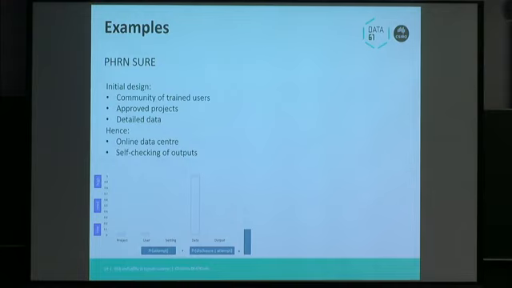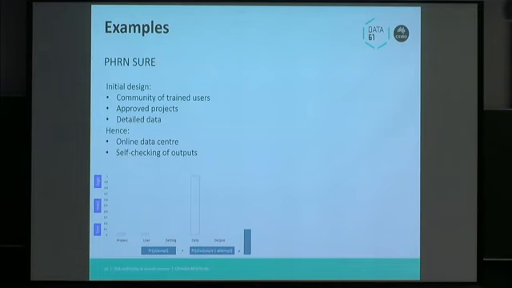We've got very detailed data, so the likelihood of something going wrong in the data is very high. And self-checking of outputs, well, I haven't put anything there, because that was the design of it. The suggestion was then, use the virtual data centre, because you trust your users and projects, and self-checking of outputs brings that down low as well to give you a low overall. So that's the kind of idea.